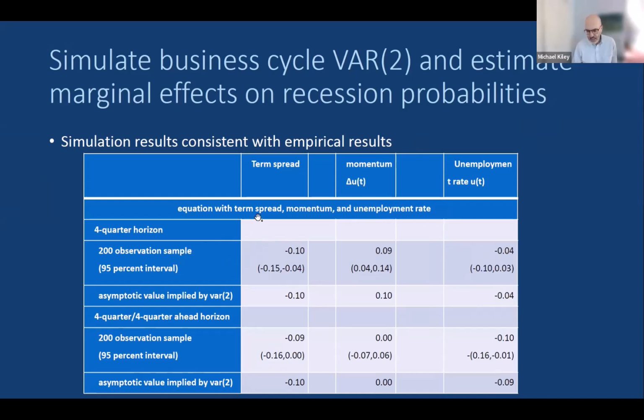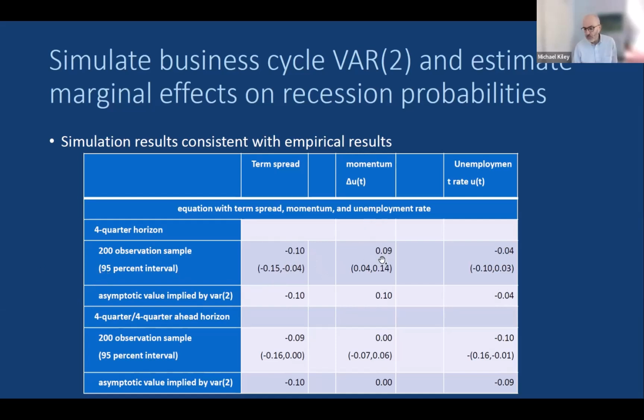What one sees is that at a short horizon, the term spread is a really good predictor, right? And its marginal effect here of negative 0.1 is actually very close to its marginal effect in the data of negative 0.12.